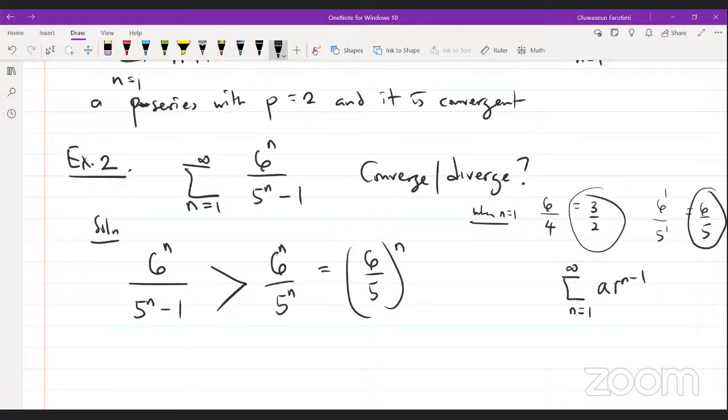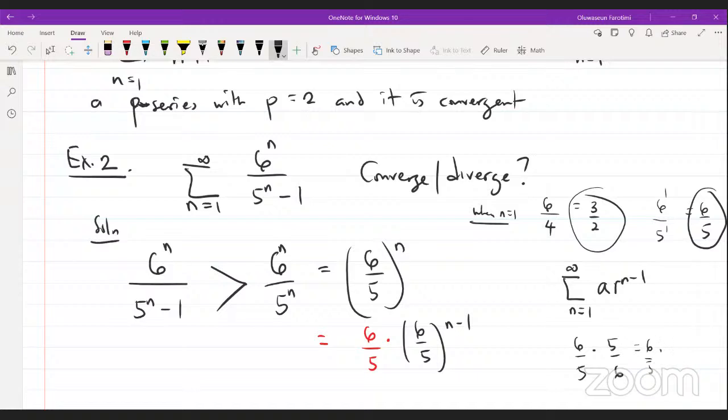And watch this trick, guys. This is the trick. You're going to have a 6 over 5 times 6 over 5 to the n minus 1. Think about this, guys. Pretty much nothing really changes. If you do a 2 divided by 2, it's still 1. If you do 2 divided by 2 times 1 million, it doesn't change 1 million. And that's exactly the same thing we did right here. We did something like 6 over 5 times 5 over 6.